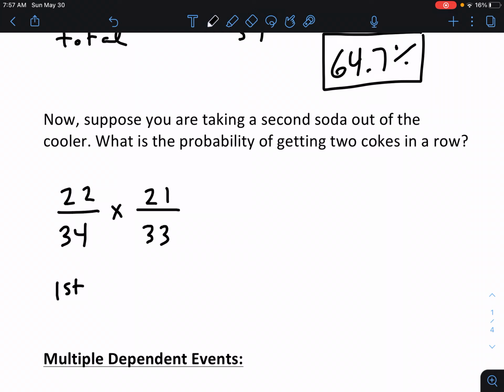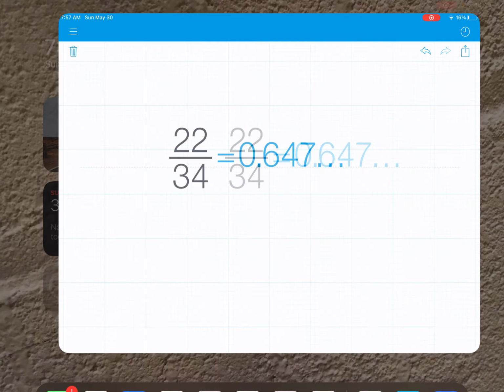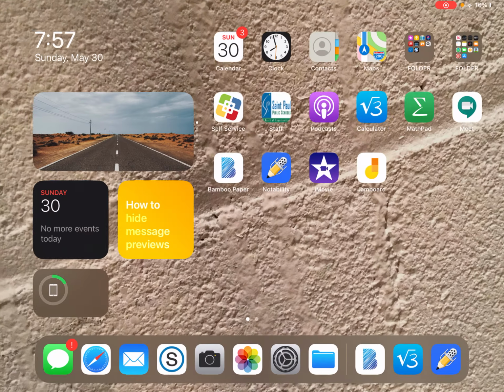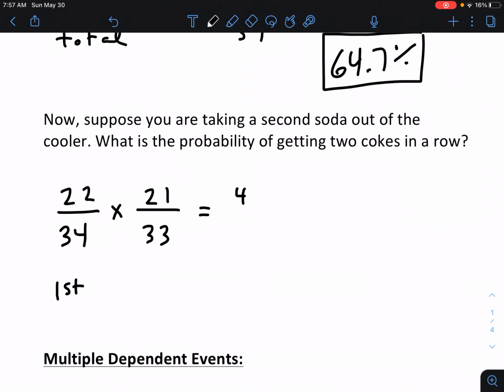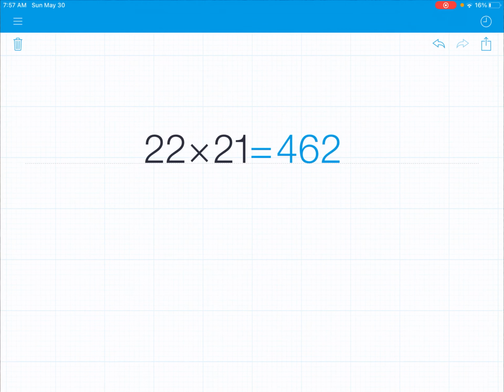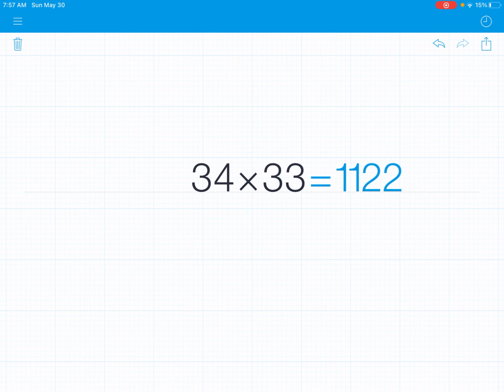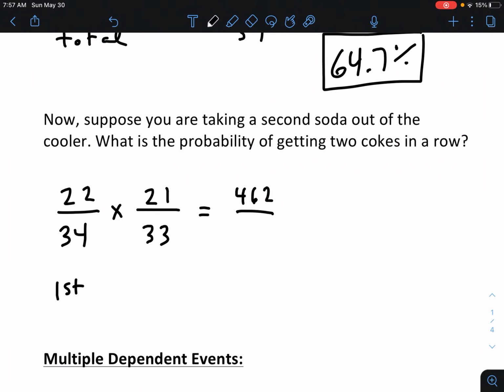Okay, and let's go ahead and do that. So we have 22 times 21. Let's go over to our handy calculator. 22 times 21, that's 462. And then let's do the other one, 34 times 33. Yep, 1,122.